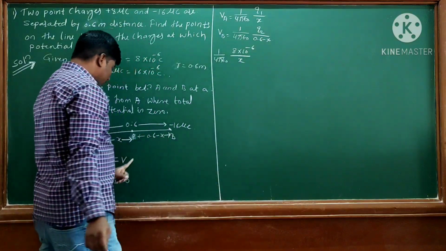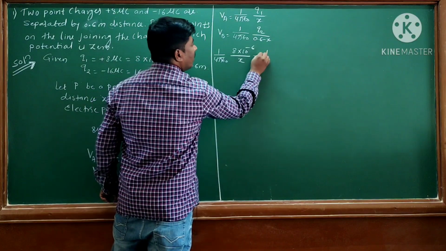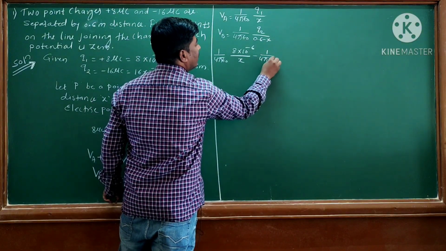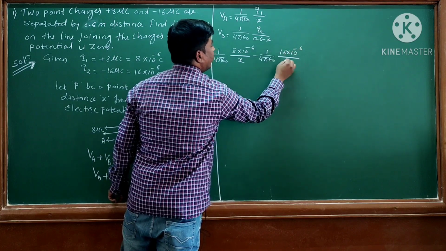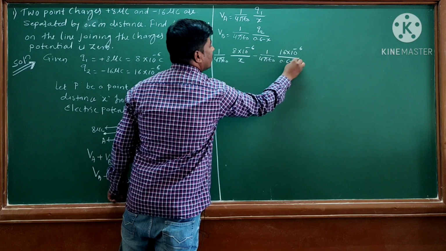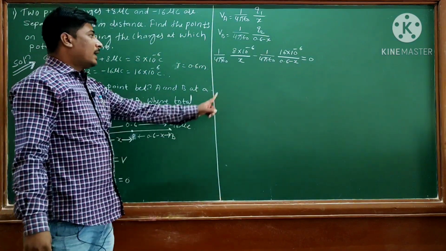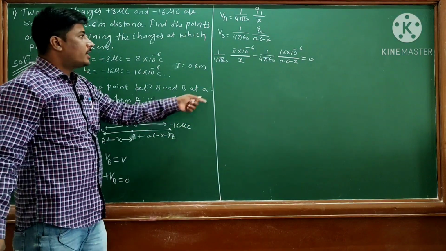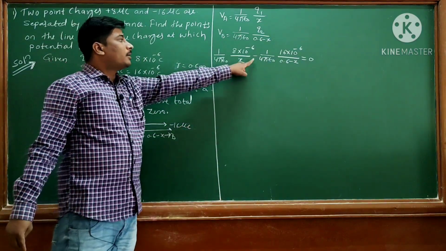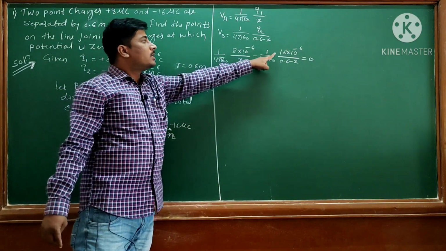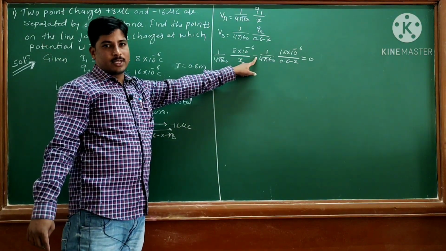So according to this VA plus VB, VB I can write, it is minus 1 by 4 pi epsilon naught 16 into 10 to the power minus 6 divided by 0.6 minus x, which is equal to 0, right. Electric potential due to the negative charge is negative, that is why this plus becomes what? Minus of 16 microcoulomb they have given. So this minus comes here.